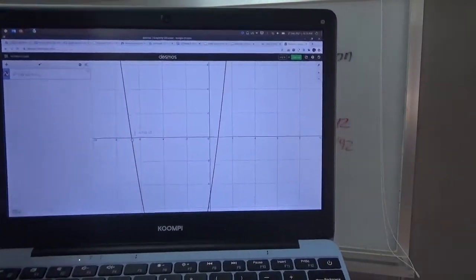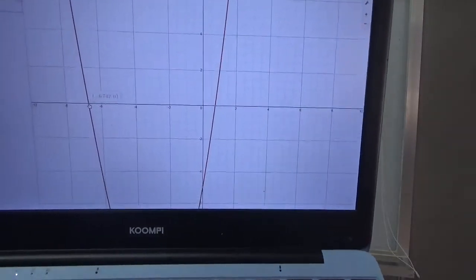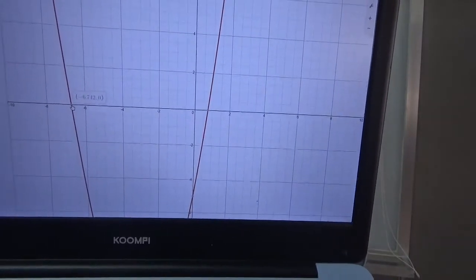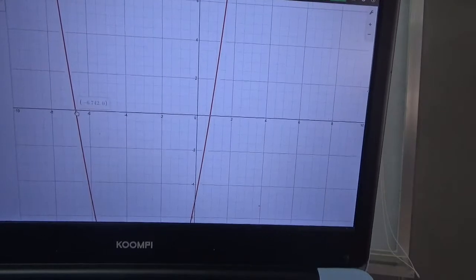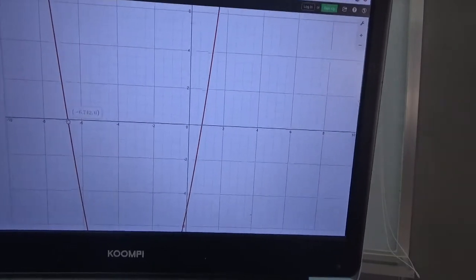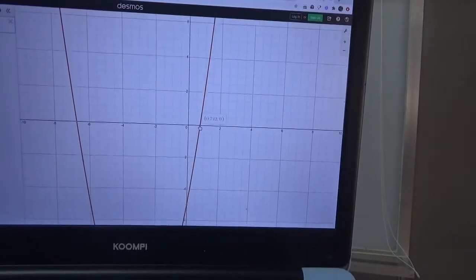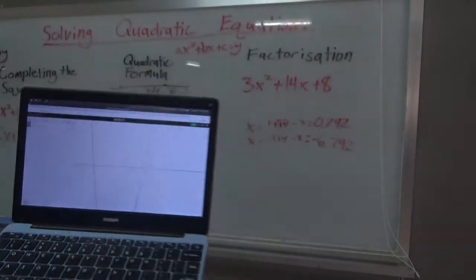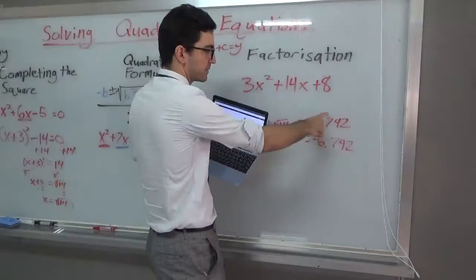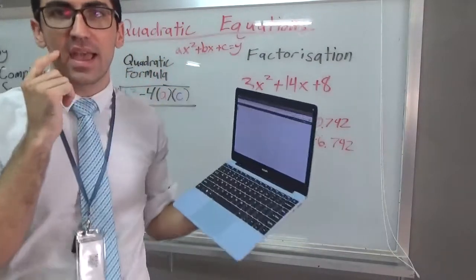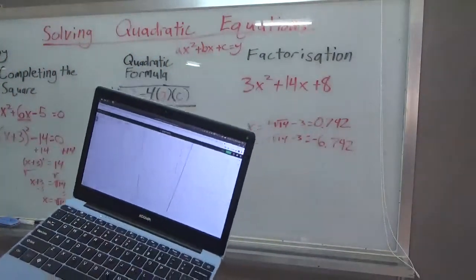These two values, if you get really close, you can see we have negative 6.742 and positive 0.742.